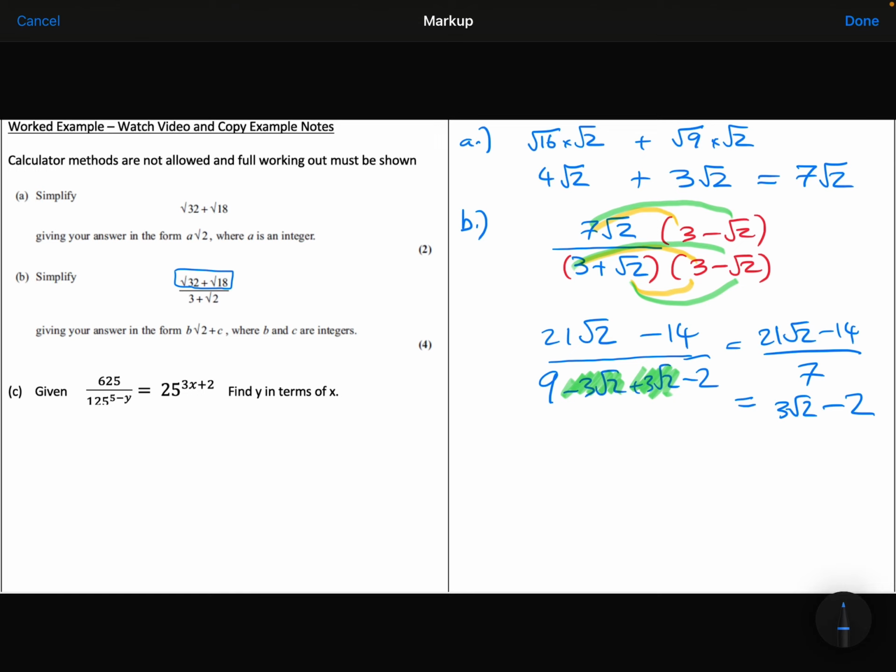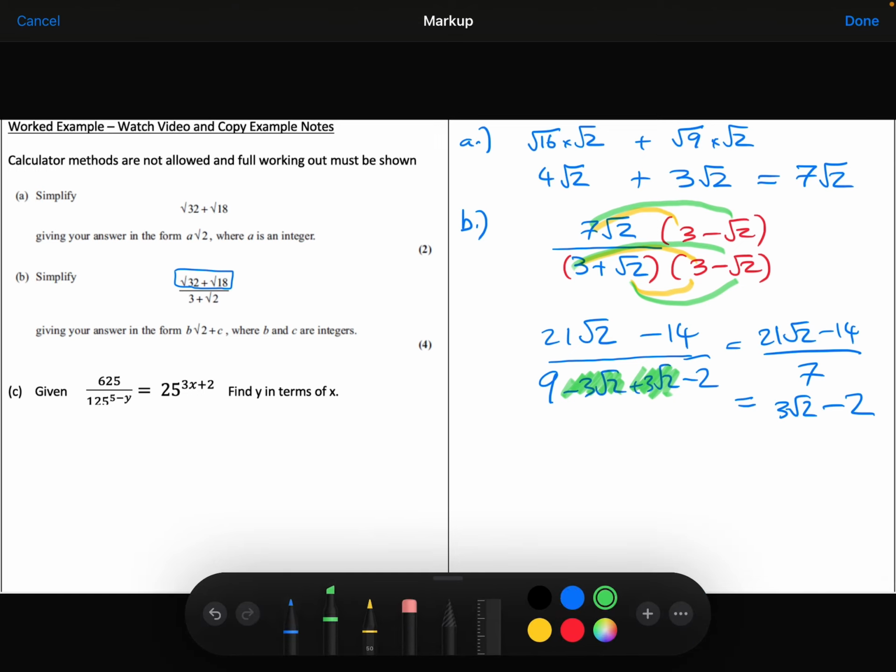So, crucial thing to note here is that the 25 can be thought of as 5 squared. The 125 can be thought of as 5 cubed. And the 625 can be thought of as 5 to the power 4.